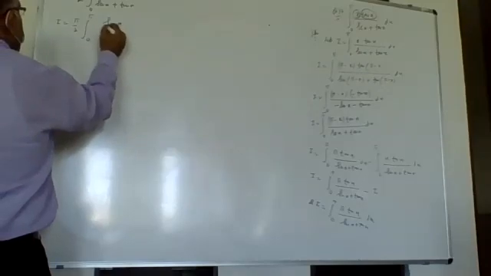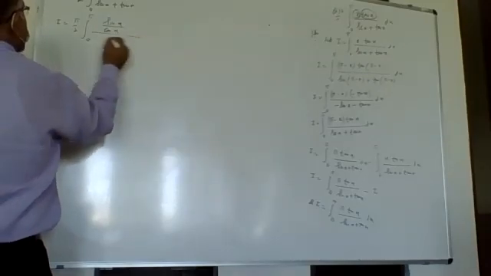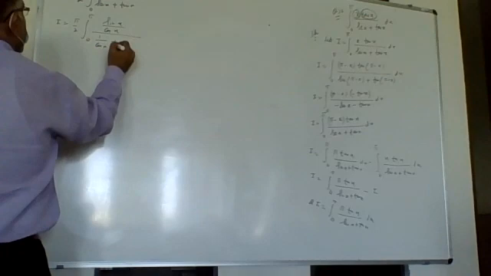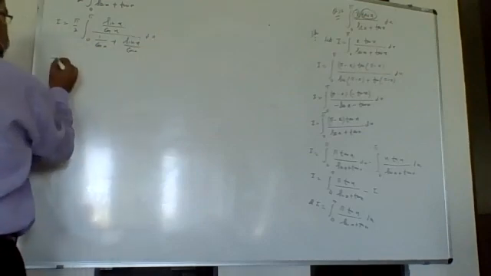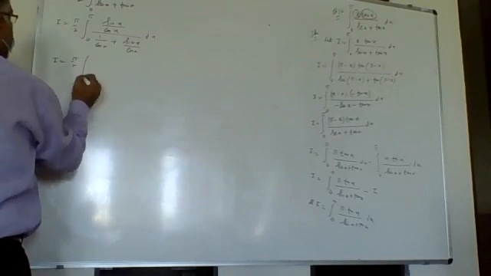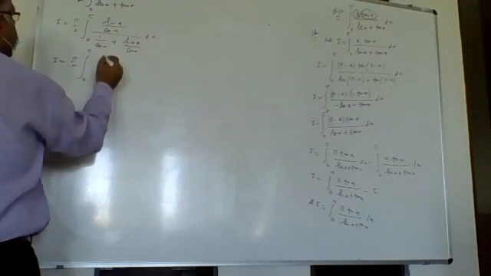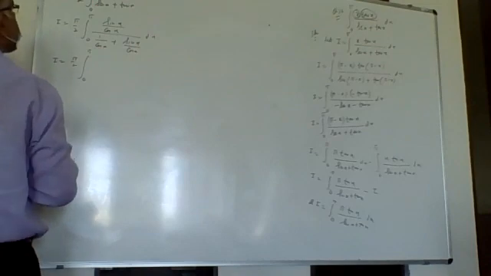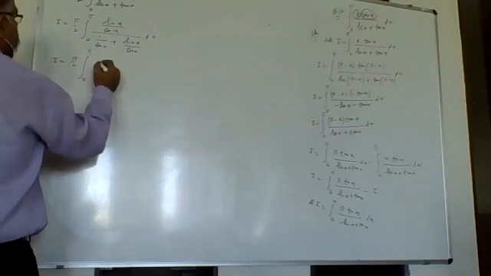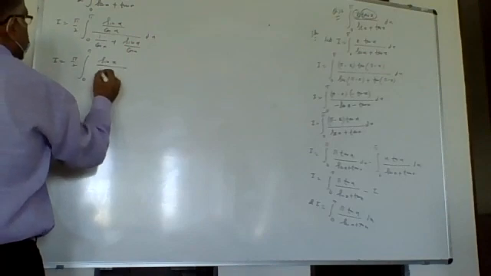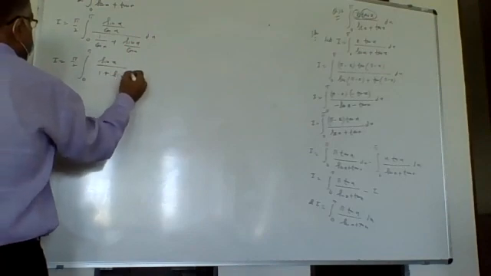I can write it as sin x upon cos x, and 1 upon cos x, sin x upon cos x plus... I equals integral 0 to π/2. If I take cos x as LCM, it will be sin x upon 1 plus sin x.